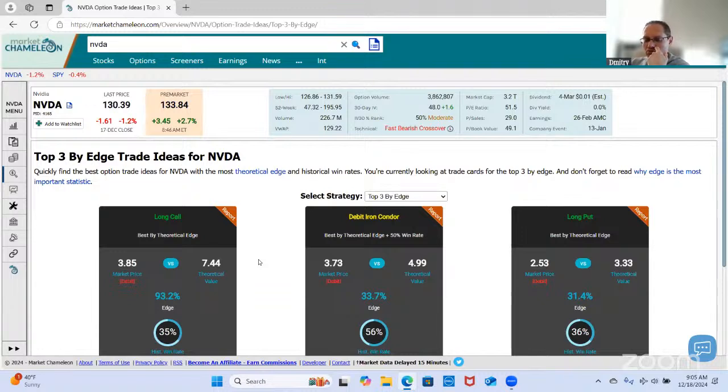So when we look at this option for $3.85, and we know how many days are left to expiration, we know what the strike is, we know how much the stock has to increase by, the question would be, okay, if we're going to try to assess this strategy, what value or benchmark should I put on it?